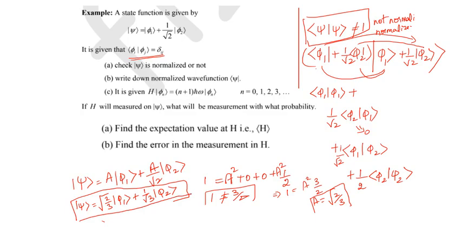And next, part C is a separate problem. It is given that H into phi n equals (n plus half) h cross omega into phi n.